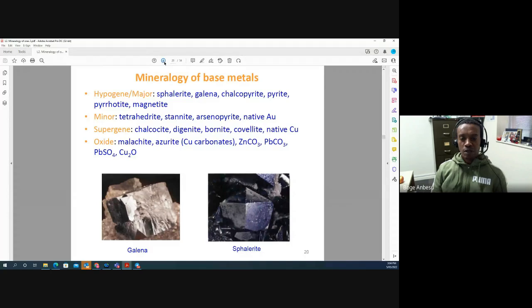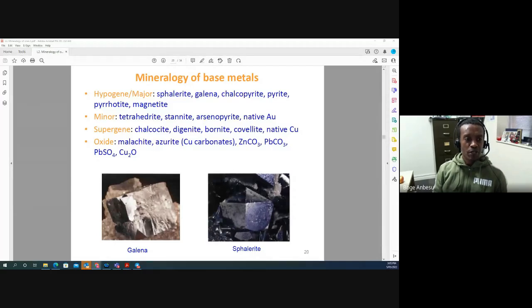So in terms of mineralogy, the main base metal minerals are sphalerite for zinc, galena for lead, and chalcopyrite for copper. Of course, you can have other secondary sulfides, such as chalcocite and so on, but the primary mineral for copper is chalcopyrite. And together with this, we also tend to find the pyrite, the pyrrhotite, and magnetite.